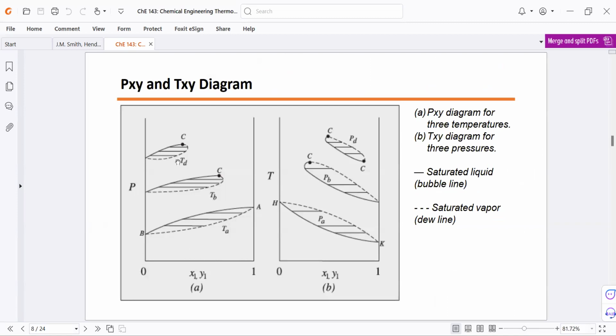Each of the curves right here would represent a different temperature. We have temperature TA, TB, and TD.